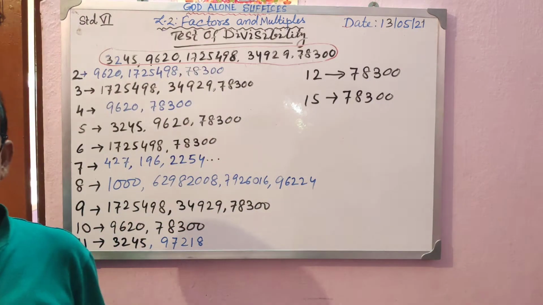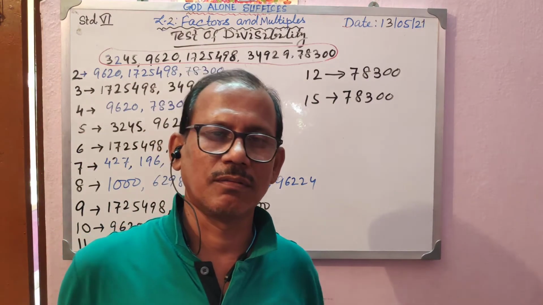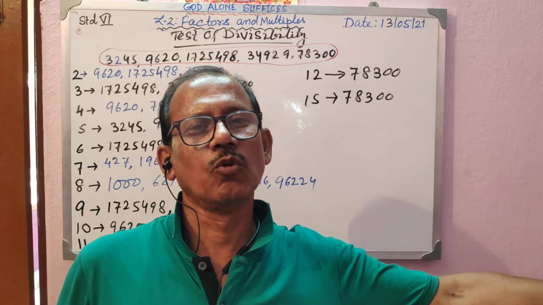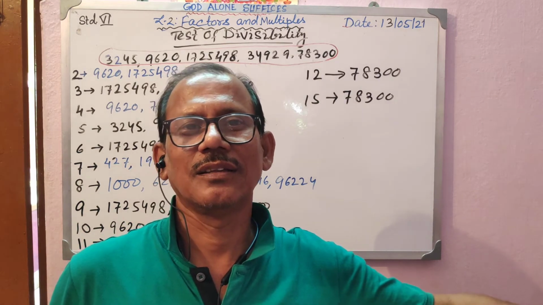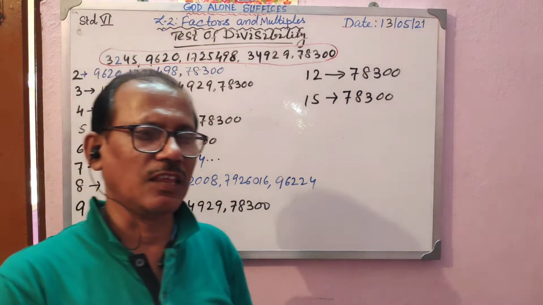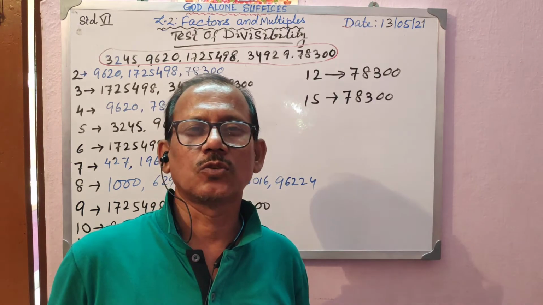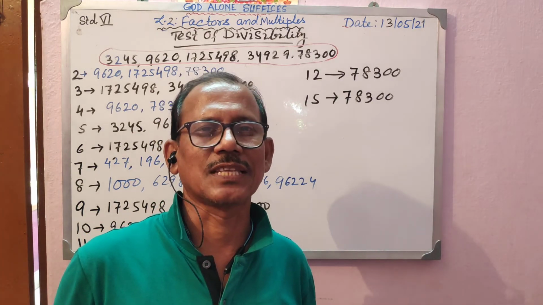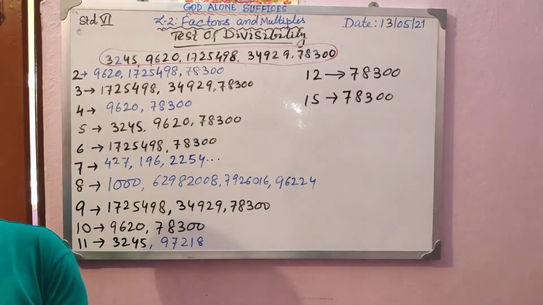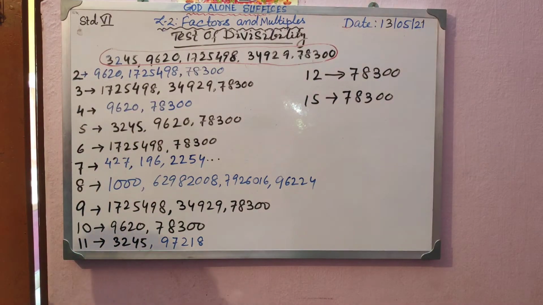Only the unit digit. Let the number be very big, but you see the unit digit, the right-hand most digit, the digit in the ones place. That digit should be 0, 2, 4, 6 or 8. If the unit digit is 0, 2, 4, 6, 8, then the number will definitely be divisible by 2. You can take it for granted.